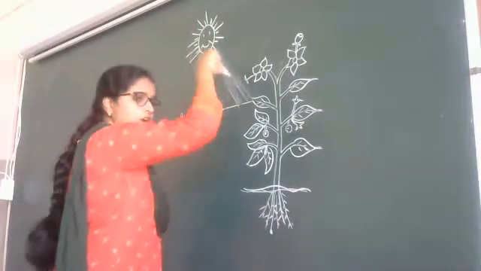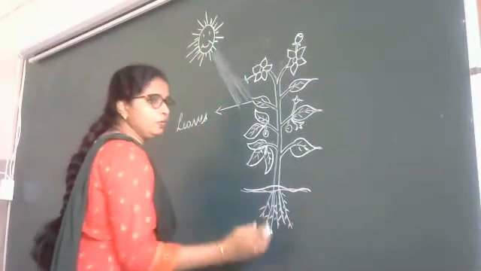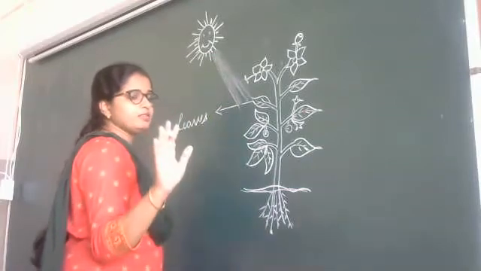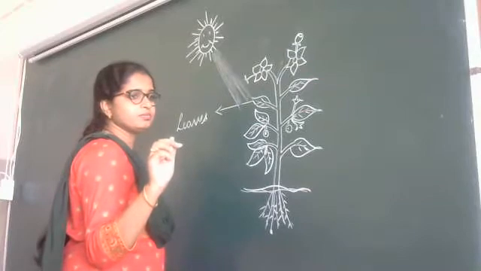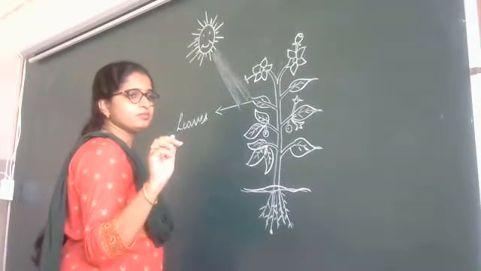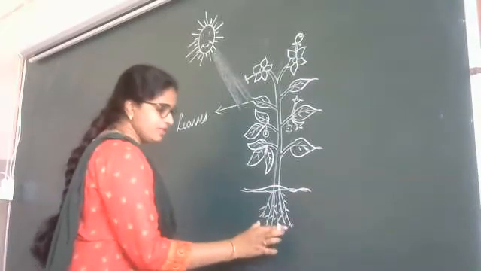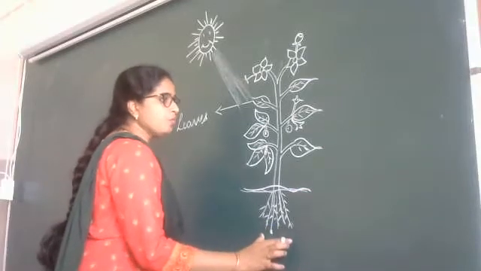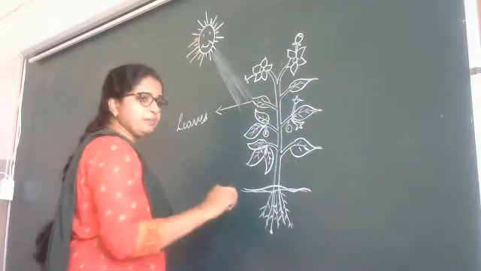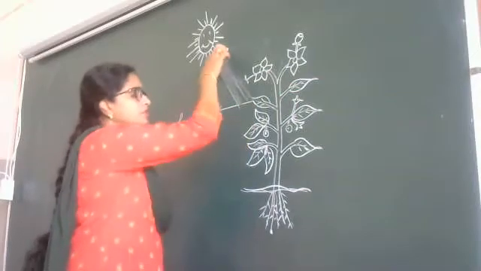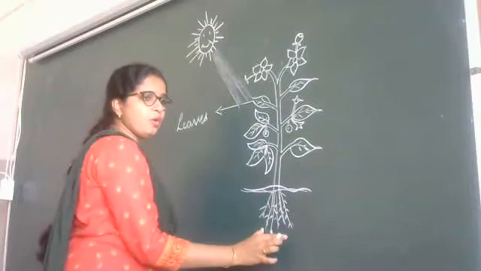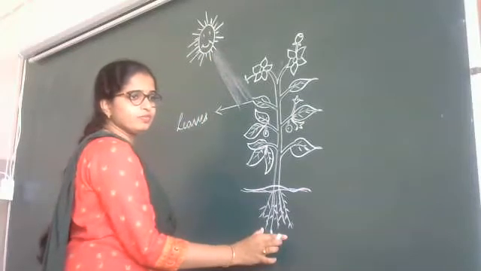Not direct rainwater. This root supplies water to this entire plant, and leaves prepare food by using sunlight and water from the root.